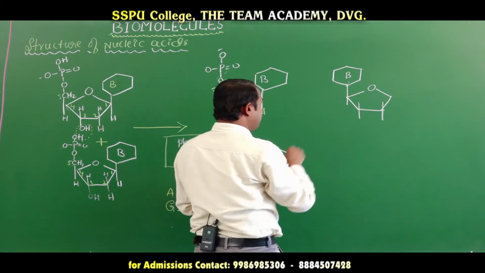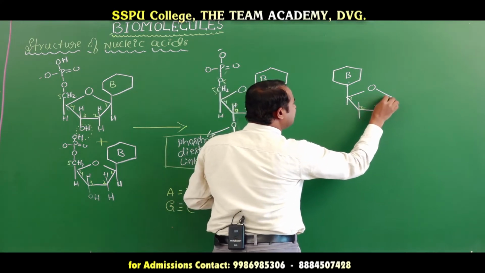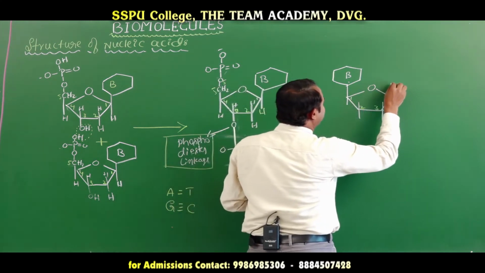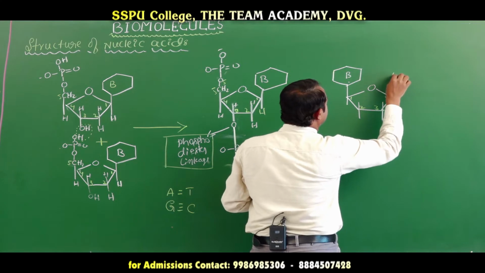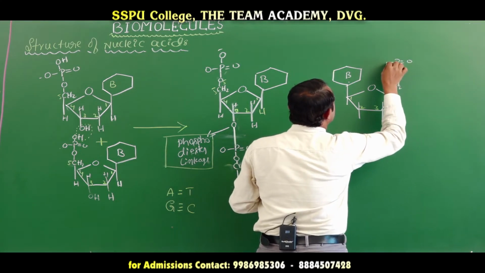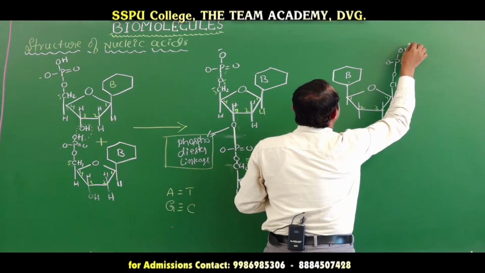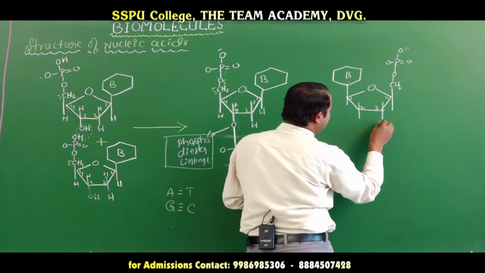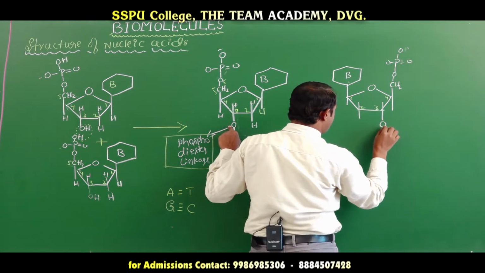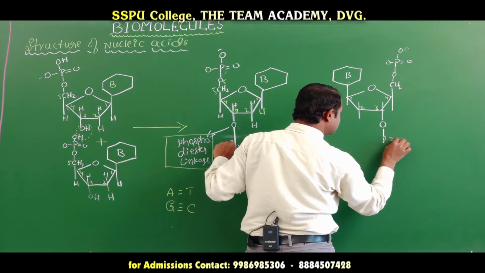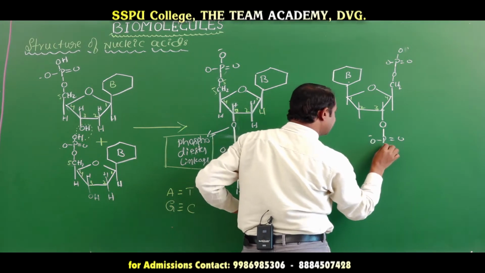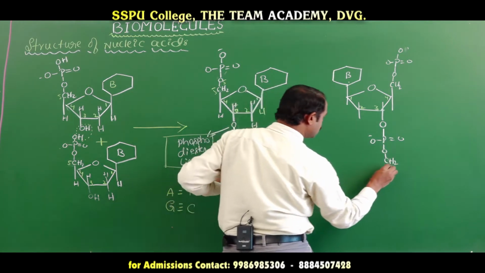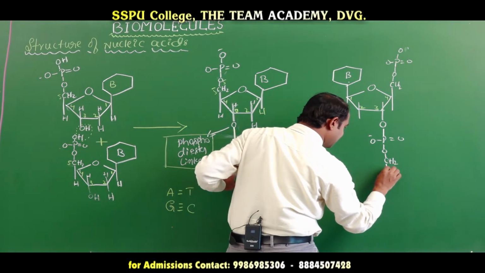Here also numbering C1, C2, C3, C4 and C5, CH2, O phosphorus double bond O minus OH, continuing. Again here C3 carbon, here OH, the linkage is an oxygen linkage. Next, phosphorus double bond O and O minus, here O CH2, the base pair is the same.